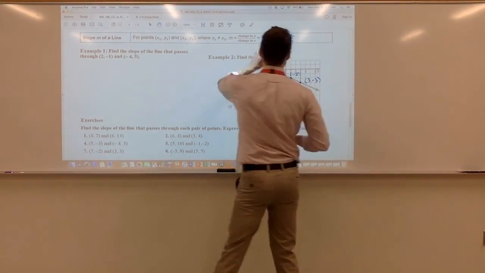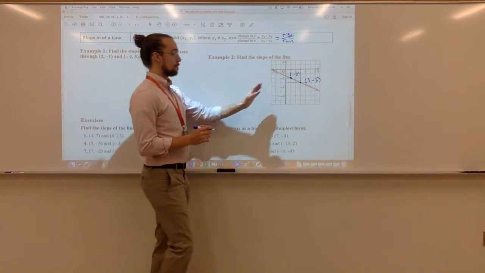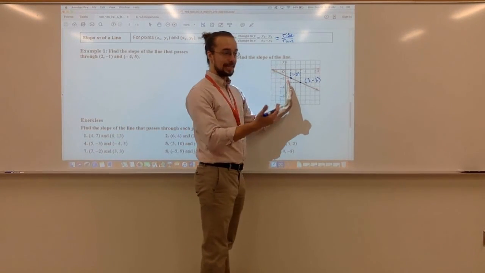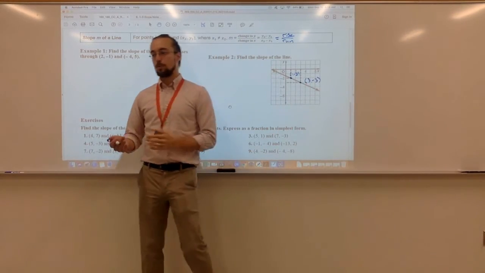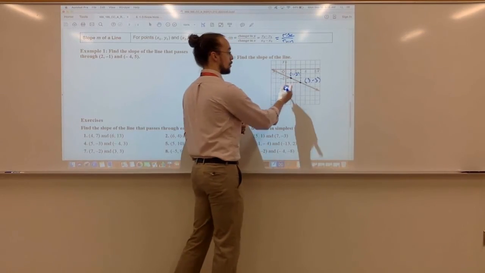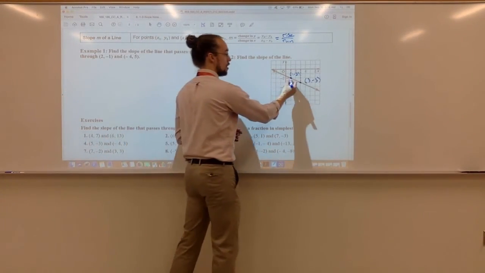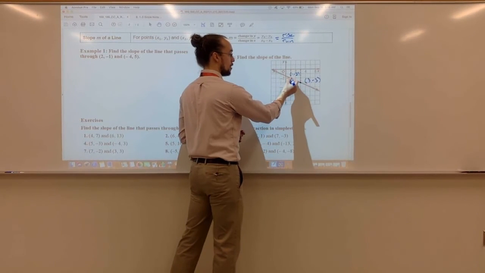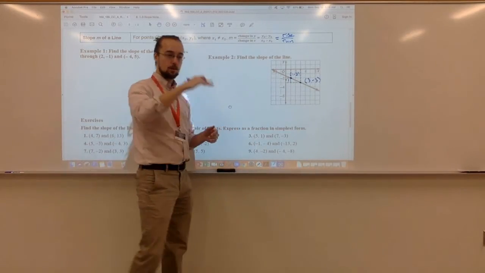If we have a graph, we can just use this rise over run idea. If I start at my leftmost point and go to my rightmost point that I've chosen, I first look at the rise. Rise is how far we change in the y direction. So going from this point to this point, I change negative 1 in the y direction.